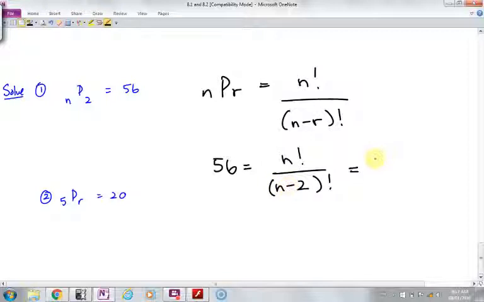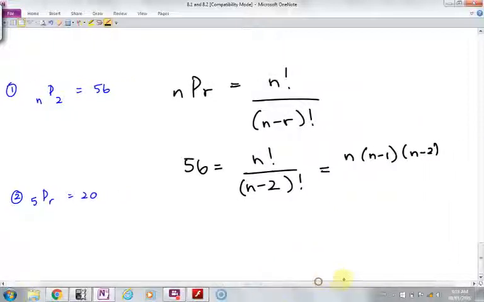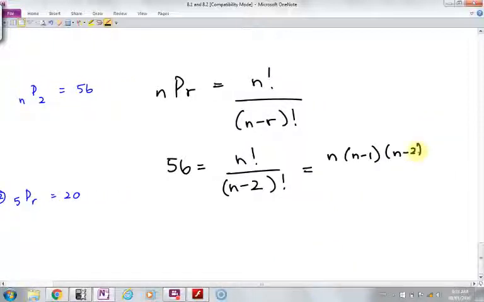We're going to go n minus 1, n minus 2, and so on, except that as soon as I match up here with here, I can stop. And I stop, but I remind myself that it keeps on going, and that's what the exclamation mark says, that I would keep going until I hit 1, but I don't have to.